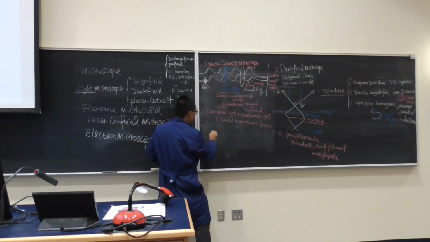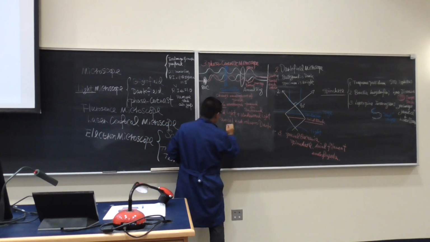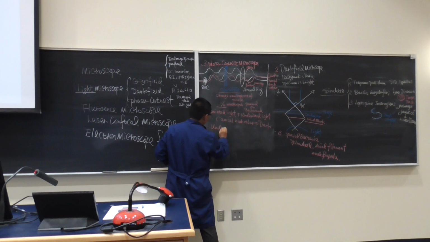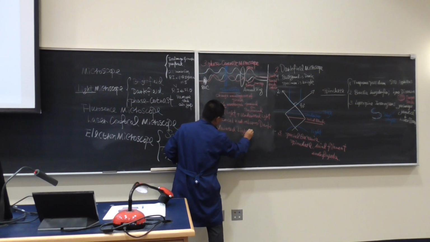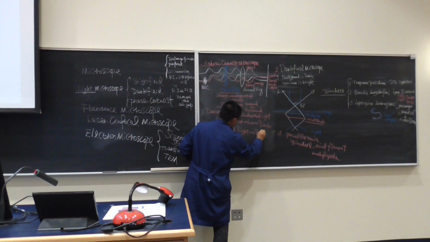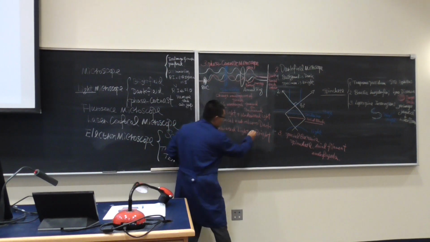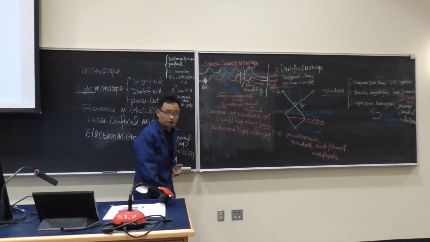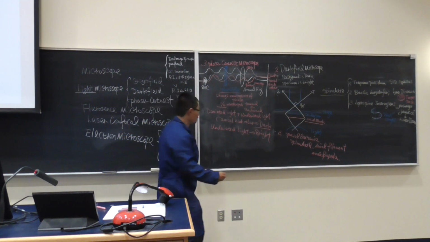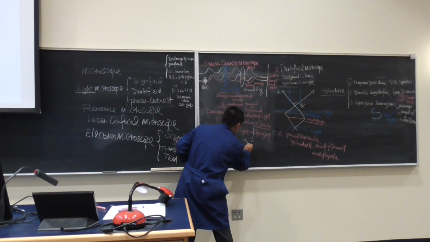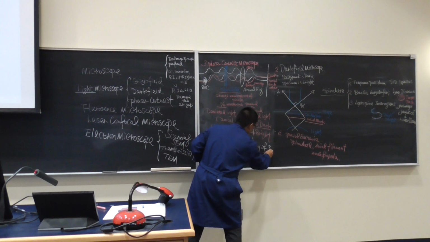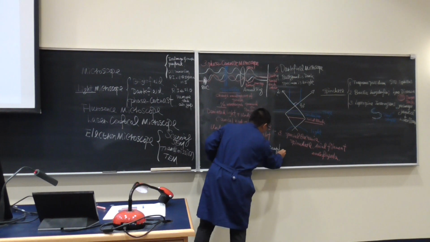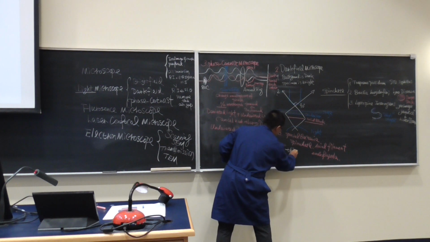And then there is a large amount of the undeviated light, which is showing you bright. Now, how dark it is depends on the density of the sample. Density of sample possibly means how thick it is, the thickness.